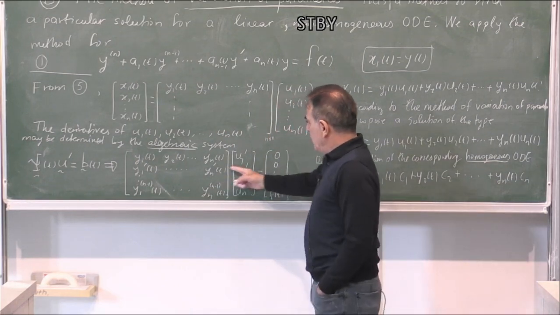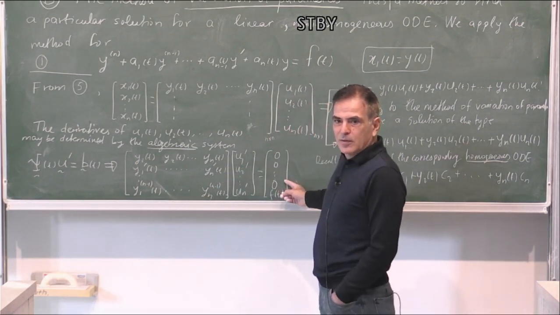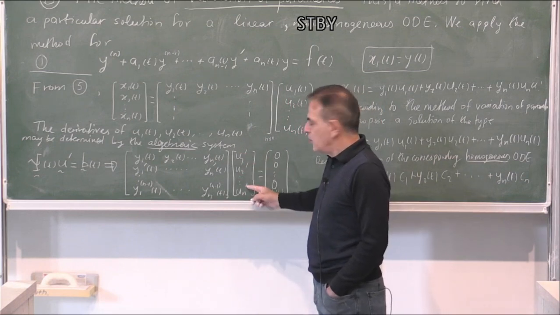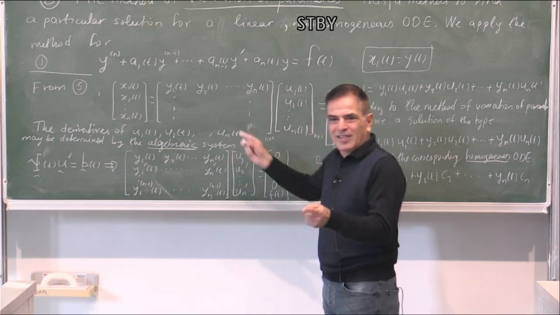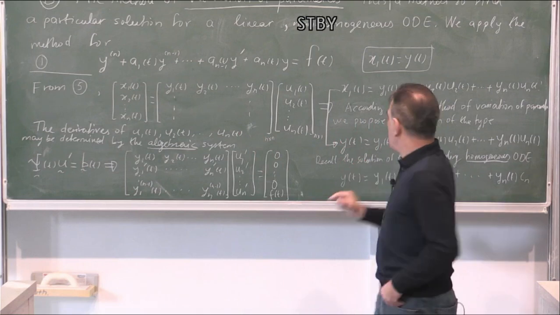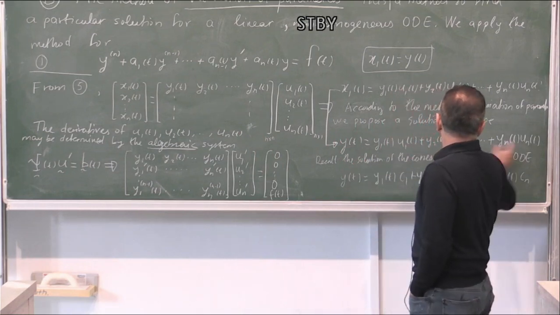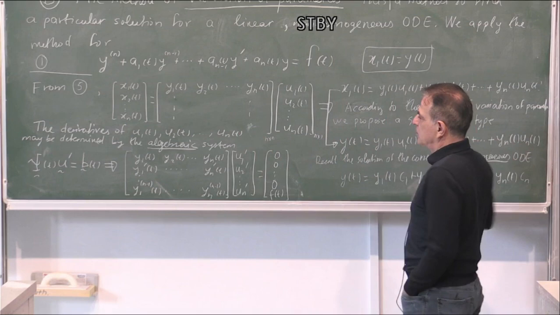So we solve this system for u1 prime, u2 prime, un prime, and then integrate these functions to get u1, u2, un, which appear in the solution.